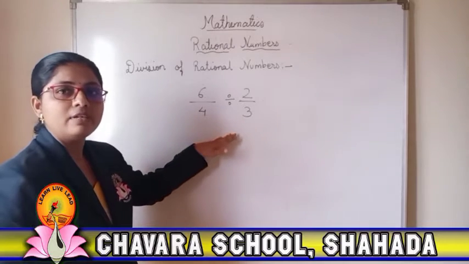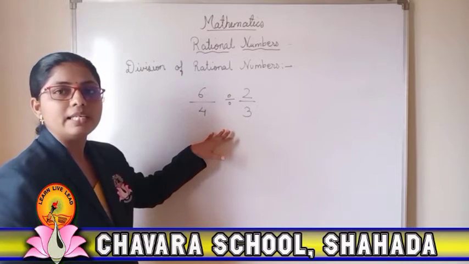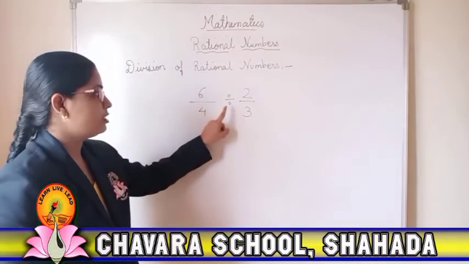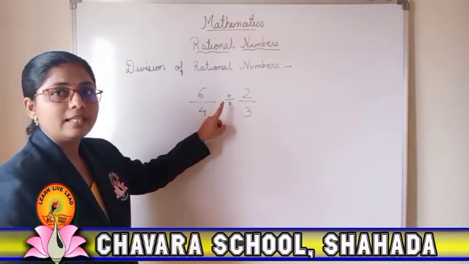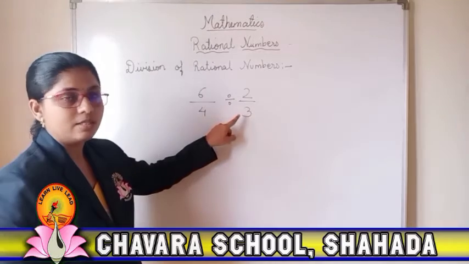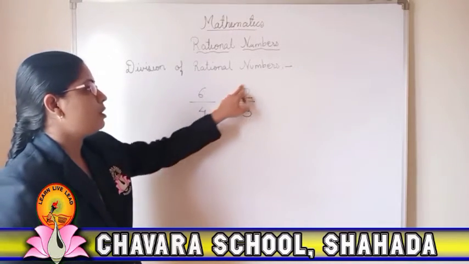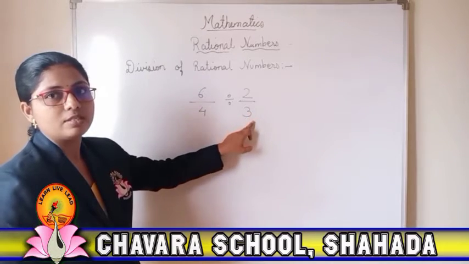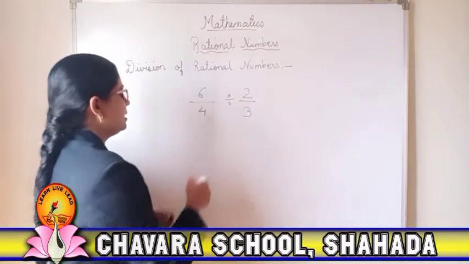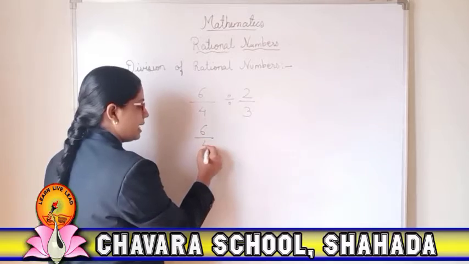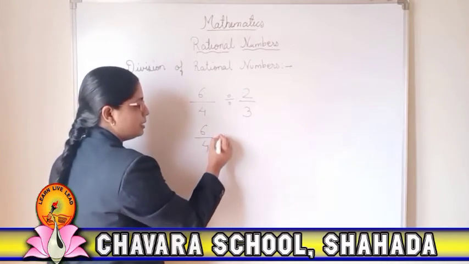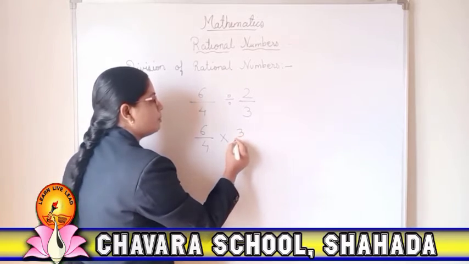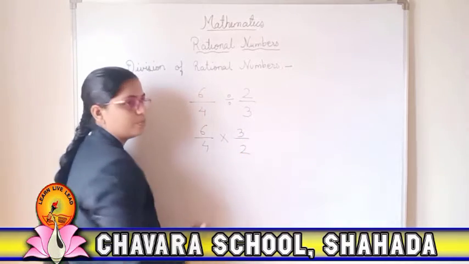Whenever there is division of rational numbers, first of all change the division sign to multiplication, and take the reciprocal of the second number. So how? Let us see. 6 upon 4 as it is you have to write, put the multiplication sign, and the next step is the reciprocal of 2 upon 3, which is 3 upon 2.